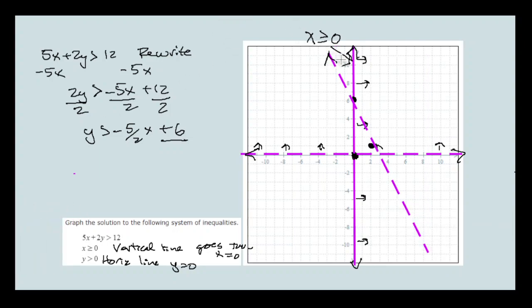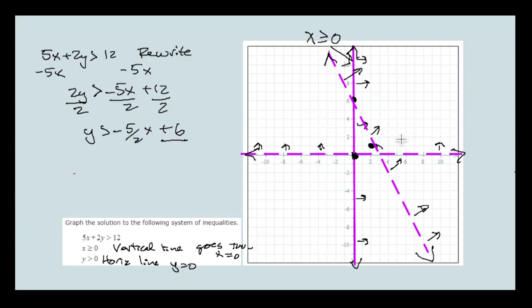Now, this one gets shaded. It says greater than. So if I did this right, it should be everything over here. And so now you have to find where all three of these things meet up. Well, all three of these things are true right here on this other side of this dashed line.